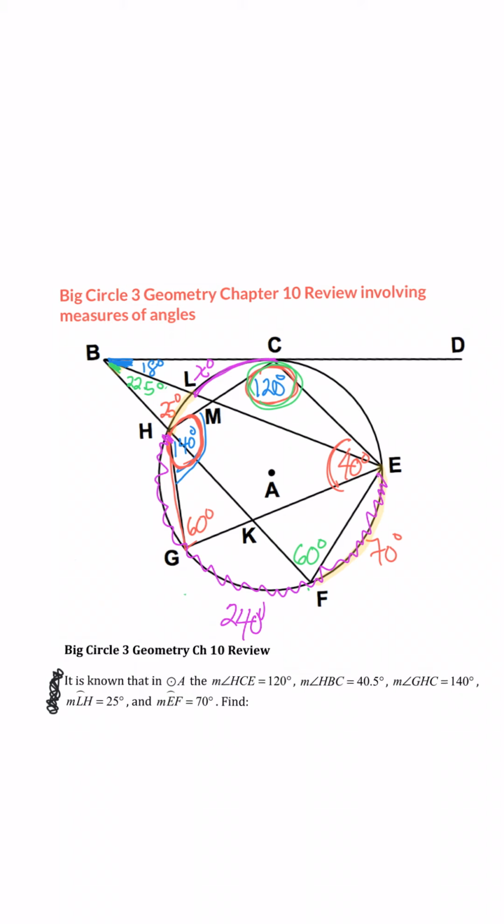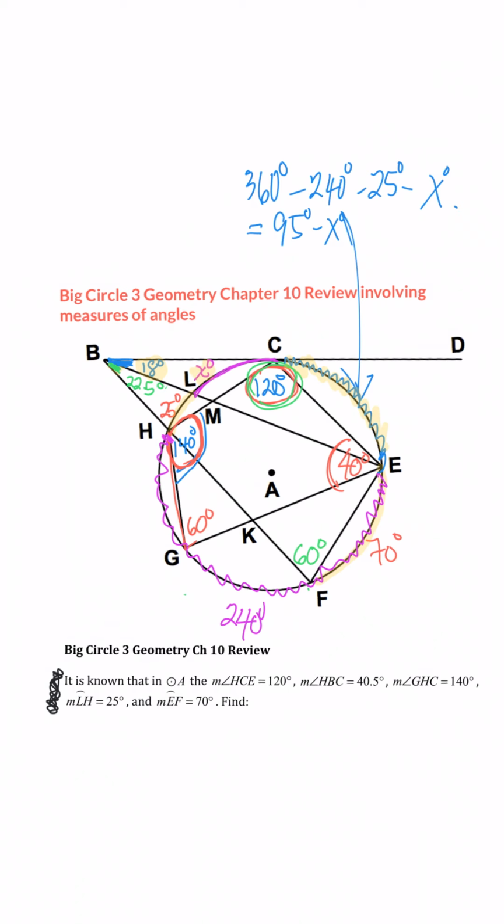Thus, the remaining arc, arc CE, is equal to 360 degrees minus 240 degrees minus 25 degrees minus x degrees. And we can simplify that to 95 degrees minus x.